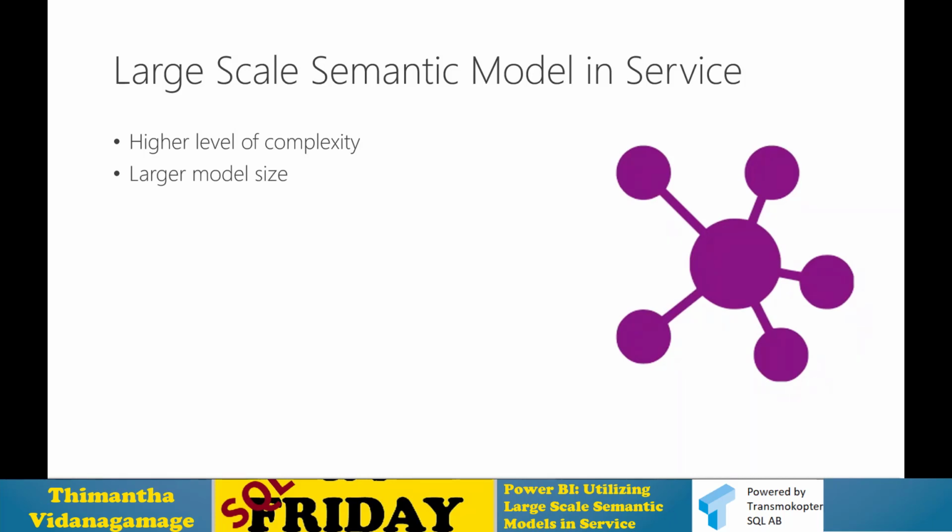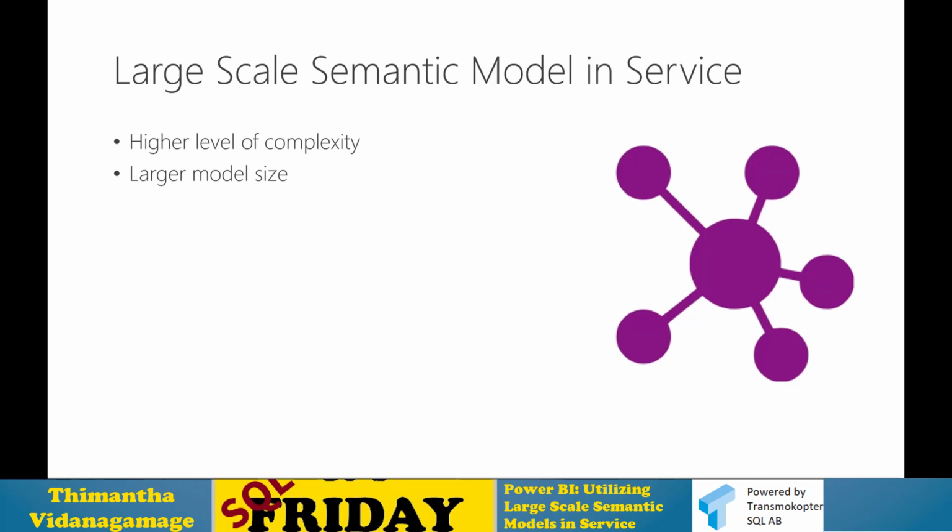So obviously, when you have several tables and several calculated columns, several necessary and unnecessary columns, and multiple complicated relationships, your model size will expand. This will end up being a large-scale semantic model.